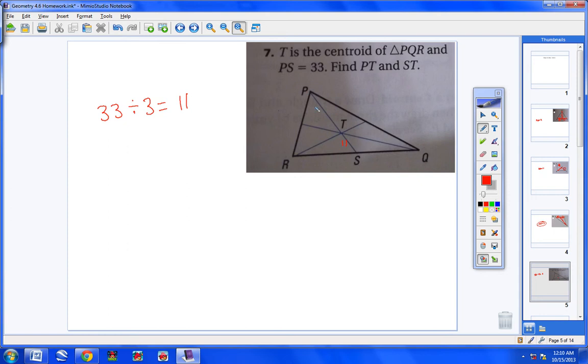So the longer segment here, PT, is always twice that, so it's going to be 22. Now, find PT, well we did, 22, and find ST, well we did, it's 11. So whenever you're given the total length of a median, it's always wise to divide it by 3. That will give you 1/3 of the entire median.